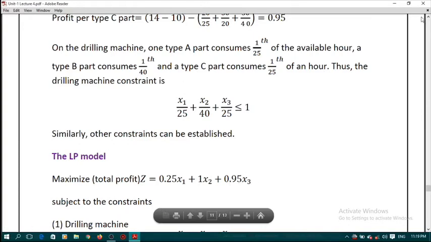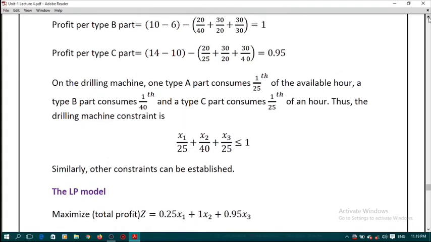subject to the constraints. Now the constraints are also interesting. On the drilling machine, one type A part consumes 1 by 25th of the available hour, a type B part consumes 1 by 40th, and a type C part consumes 1 by 25th of an hour.